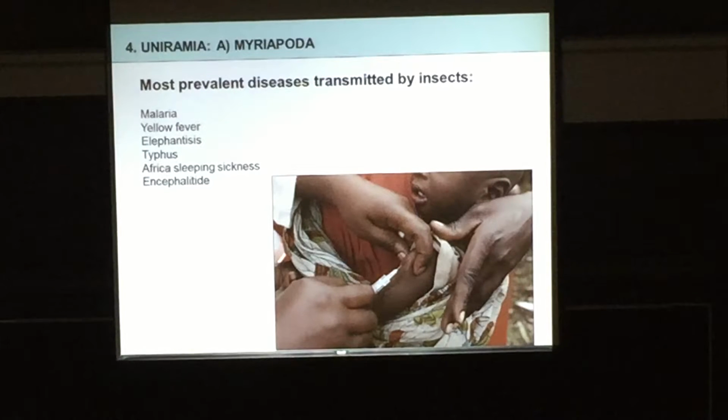You've probably heard the term encephalitis. So it's a variety of different encephalitises. The plural is encephalopathy. And those are inflammations of the brain as a result of different infectious organisms. So all these are caused by organisms that are carried by insects.